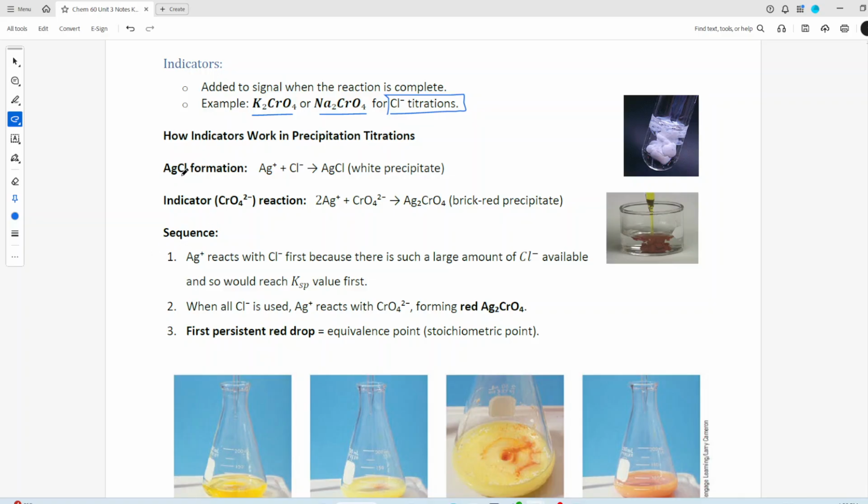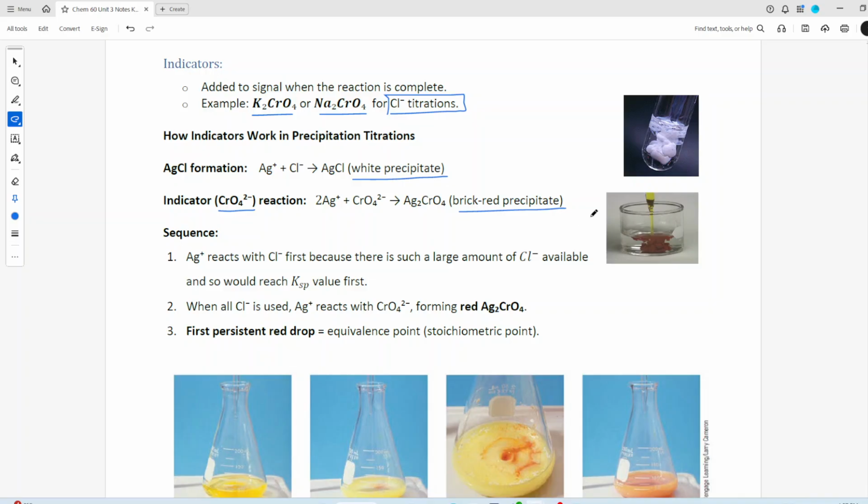So silver chloride is a white precipitate. Our indicator that we're going to use is going to be a chromate, which is either going to come in the form of potassium chromate or sodium chromate. But chromate also precipitates with silver, but it forms silver chromate, which is a brick red precipitate.